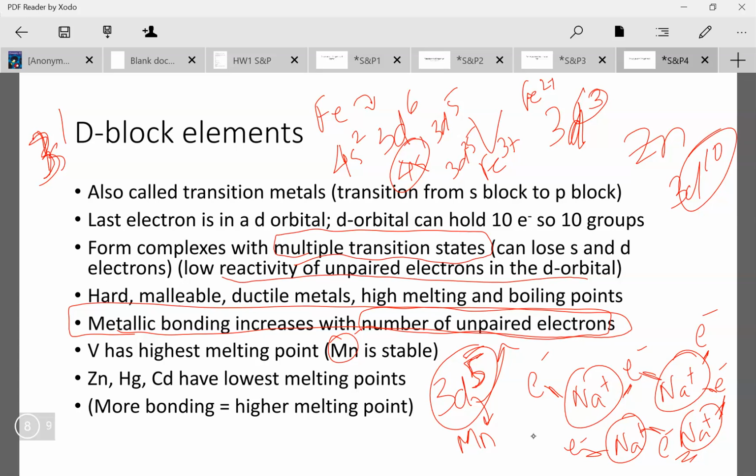Therefore, it's possible for them to exist in multiple oxidation states. They don't have to leave. So sodium will always exist in an oxidation state of +1. Manganese and all the d block transition elements can have variable oxidation states.